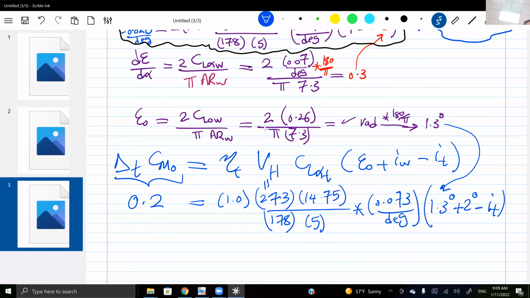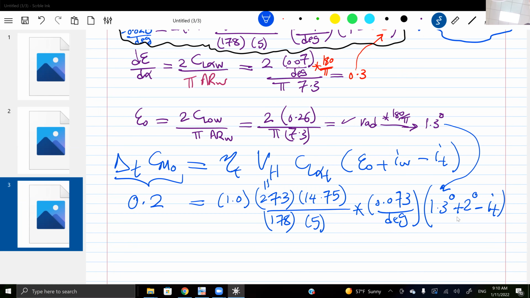Question here? Yes, thank you. So, any suggestions of modifying this equation, adjusting it, or it's ready, so we should proceed? Let's see. Left-hand side is CM naught, so this is non-dimensional, fine. Eta is non-dimensional, VH is non-dimensional, CL alpha is per degree. These are in degrees, so I'm okay.